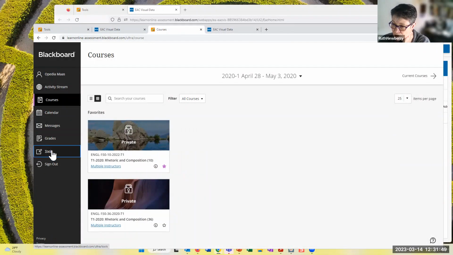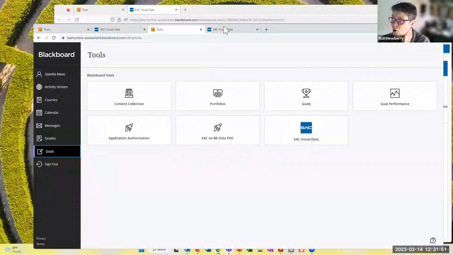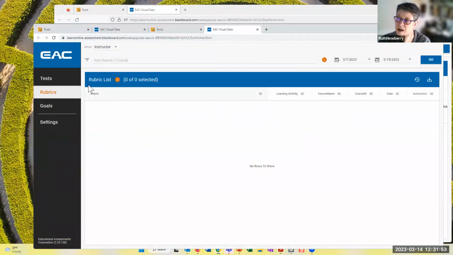So when she goes to tools and opens up EAC, it's going to open up here and we'll see tests, rubrics, and goals. We are only going to look at tests and rubrics today. And for her, she's looking at rubrics in her course.